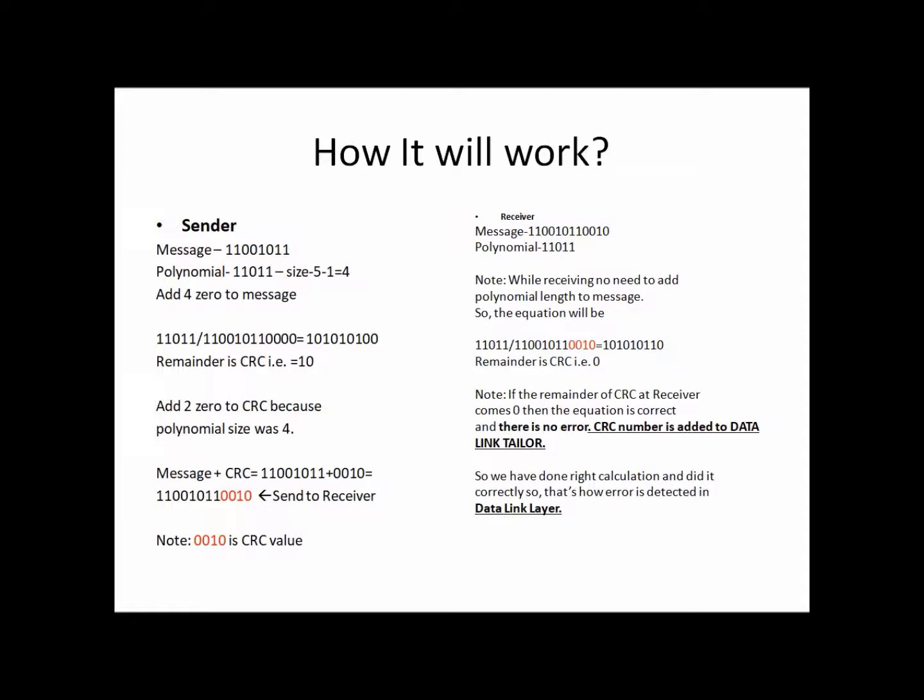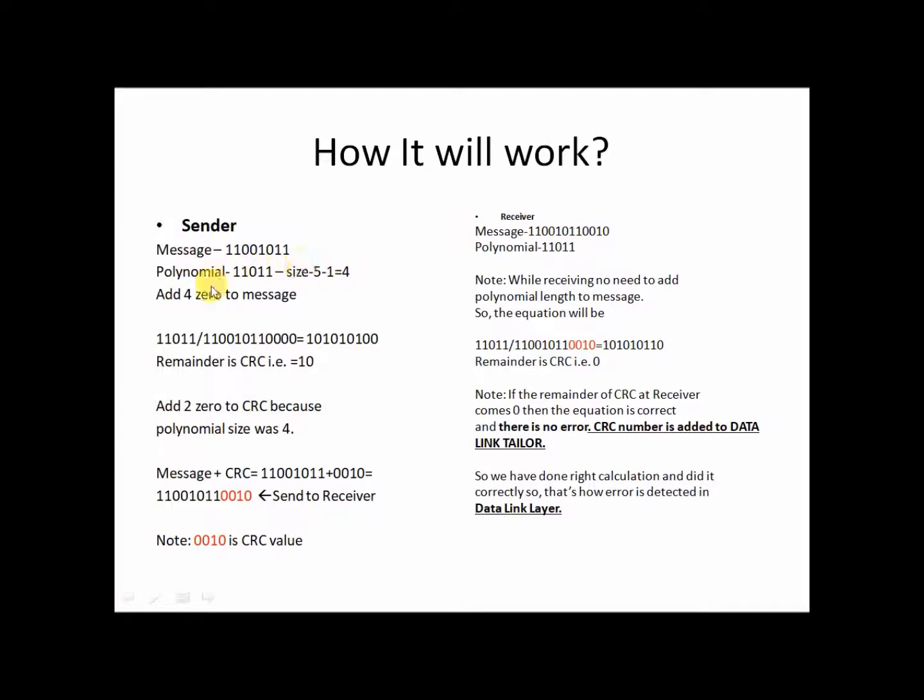Again, we are going to see it like this. You can see here this is a message, this is the polynomial. What you're going to do first, you have to subtract 1 from the number of bits of the polynomial. The polynomial has 5 bits. That 5 will be subtracted by 1, and that output will be 4.